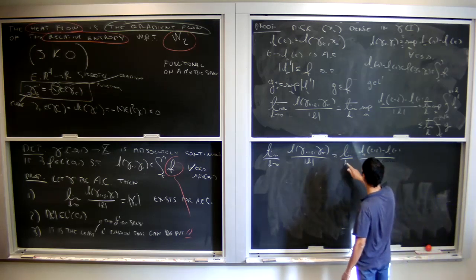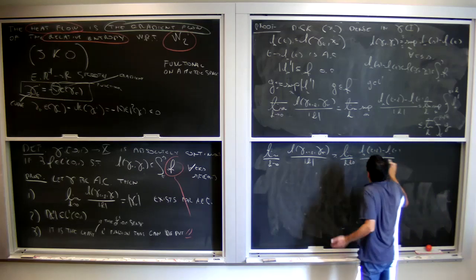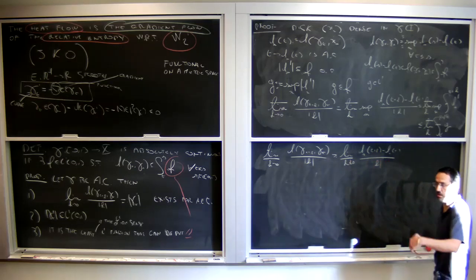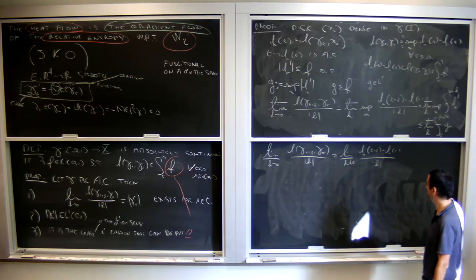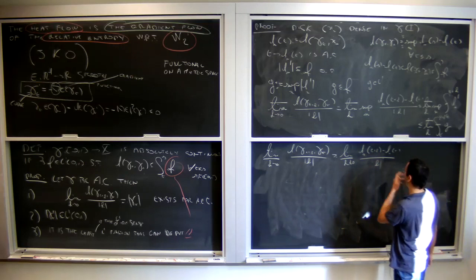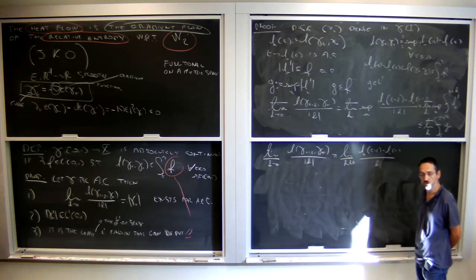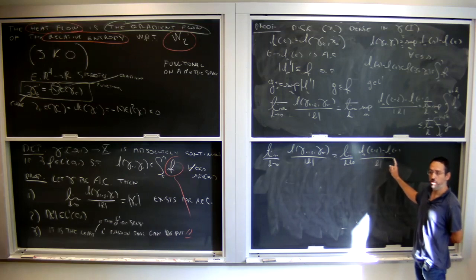Actually, I can also do so like this: just take one limit from one side. Wait a second. Yes, this is true for almost everything, because this function is absolutely continuous, so it is almost everywhere differentiable.